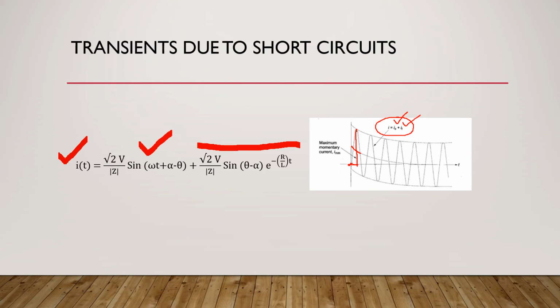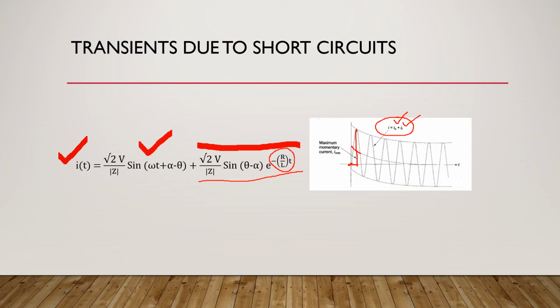If we neglect that, this part is going to be 0, and e power 0 is 1. So this can be simplified into root 2 V by mod Z sin(theta minus alpha).